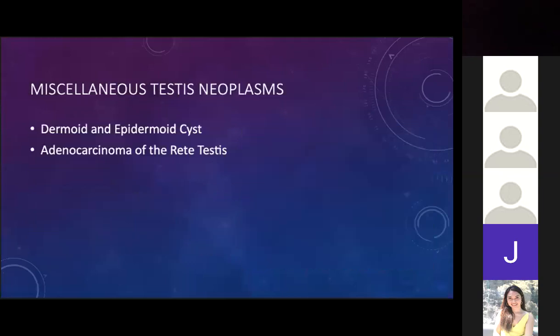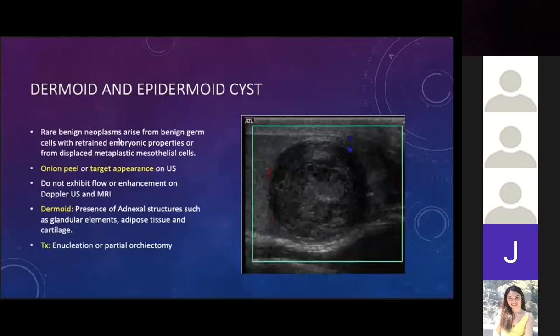Now we go on to our miscellaneous testis neoplasms, which include your dermoid and epidermoid cyst and adenocarcinoma of the rete testis. For dermoid and epidermoid cyst, it is a rare benign neoplasm arising from benign germ cells with retained embryonic properties or from displaced metaplastic mesothelial cells.